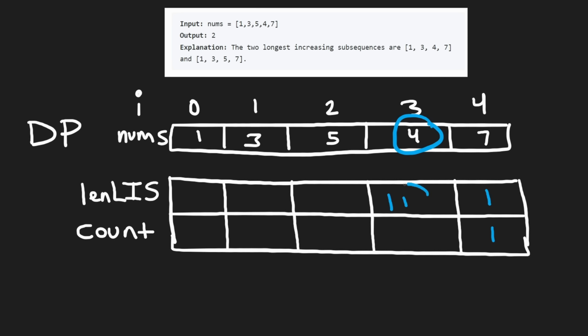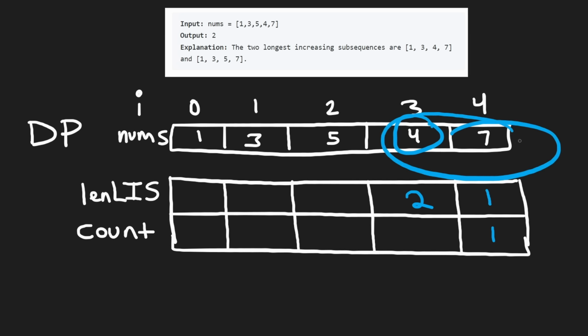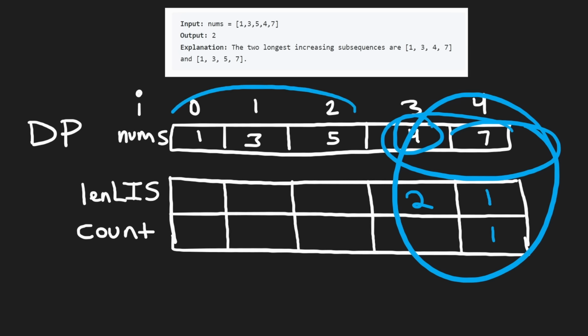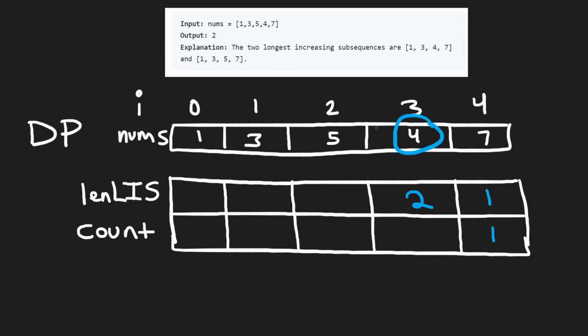So what we're going to put here is actually 2, and the value we're going to put here is going to be 1, and the reason is because we're taking the value that came after it and adding it to this one, because these values together are the ones that create the LIS. This might not make sense right now for just 2 values, but as we go through the rest of the array, I bet this will start to make sense to you.